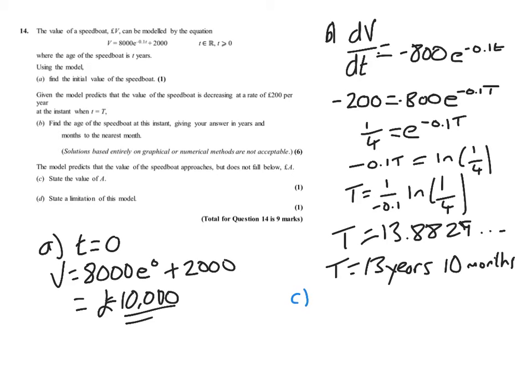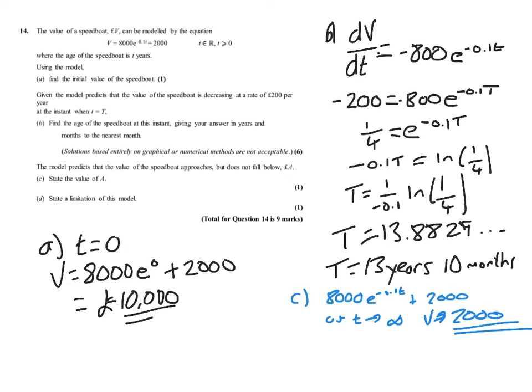C, well, what's the value of A? Let's have a think. Well, let's have a look at the function. 8,000 e to the negative 0.1 t plus 2,000. As t tends to infinity, the value is going to tend to 2,000.